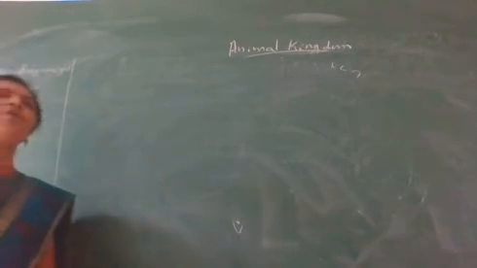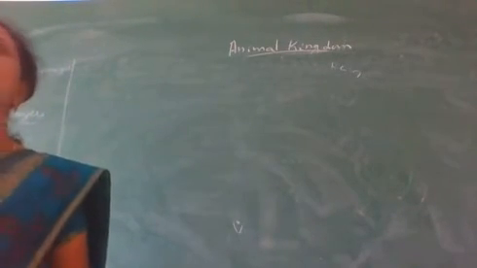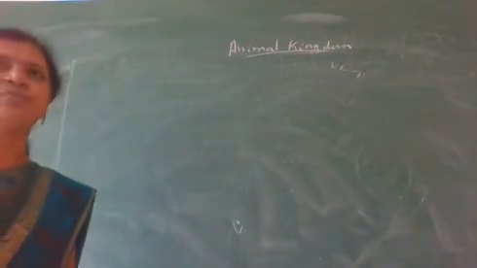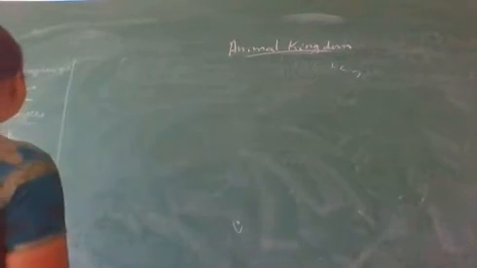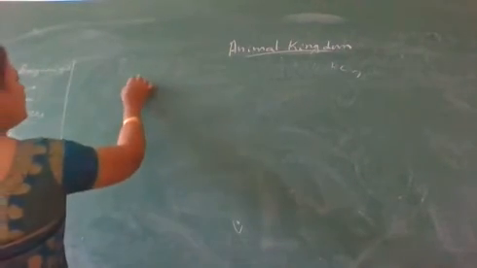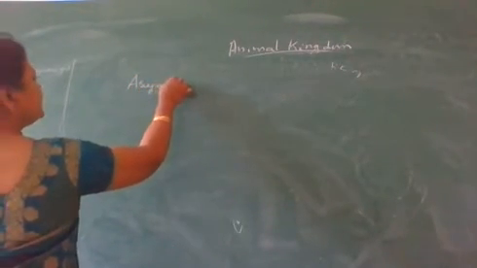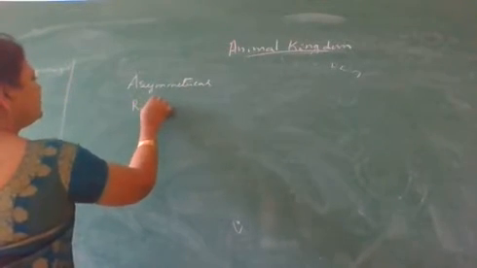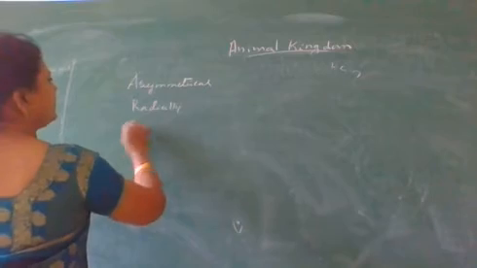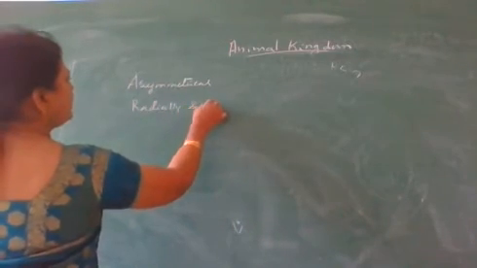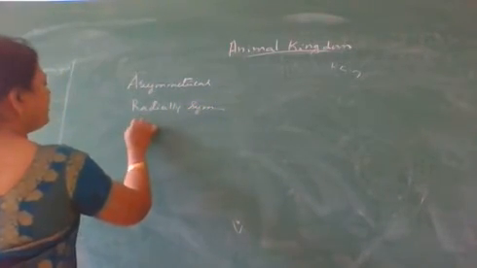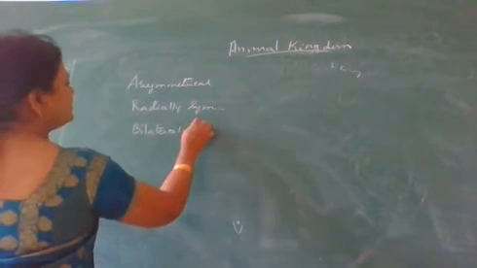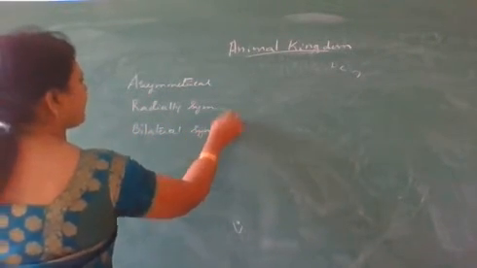Symmetry indicates the plane of body division to give equal halves. So based on symmetry, animals may be asymmetrical, radially symmetrical and bilaterally symmetrical.